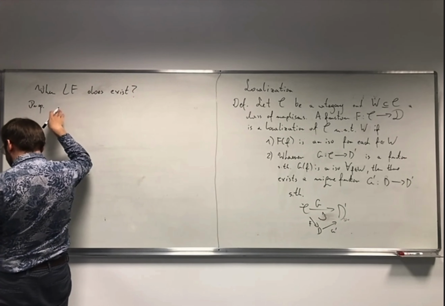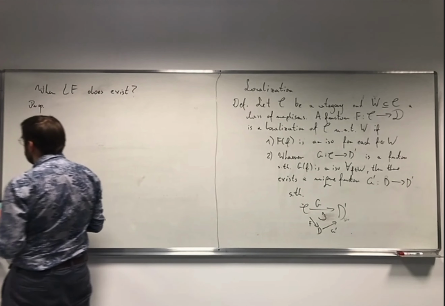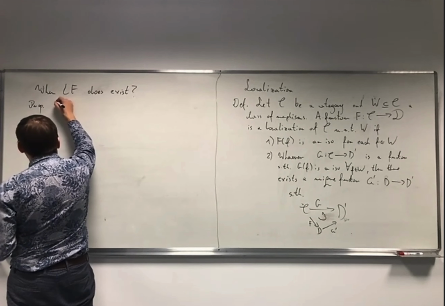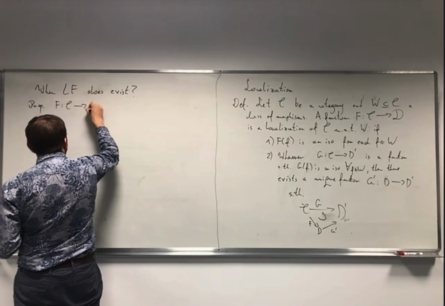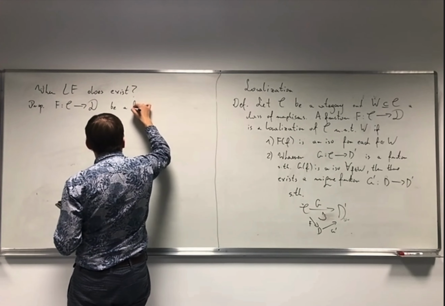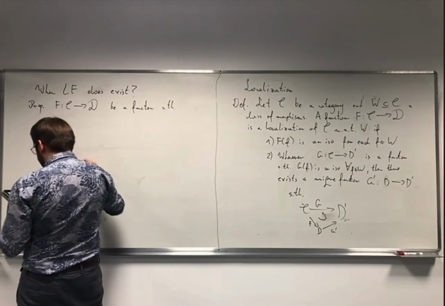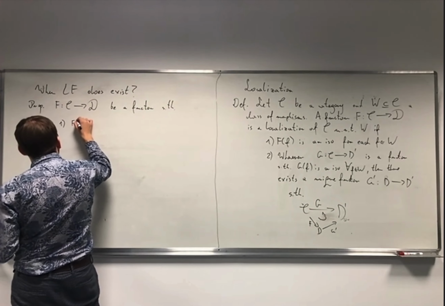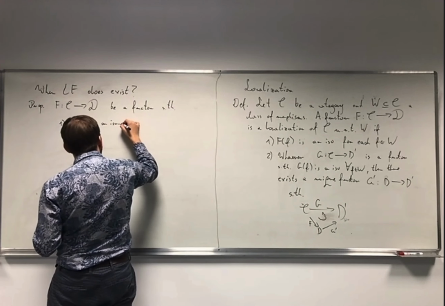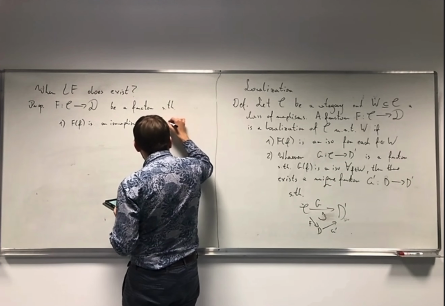So we have a setup as follows, as here. So we have a model category C and the functor F from C to D. So we want it to be a functor such that, firstly, F of f is an isomorphism if f is a weak equivalence.